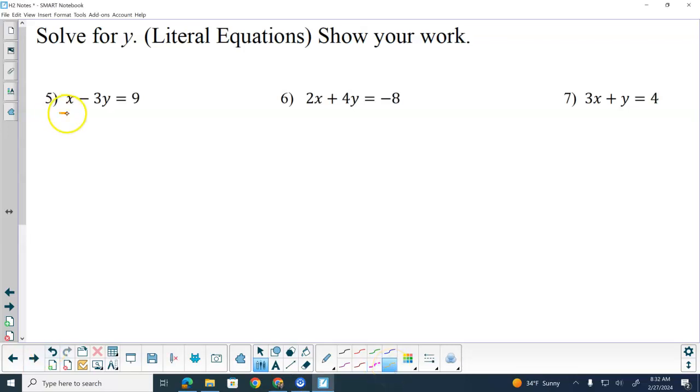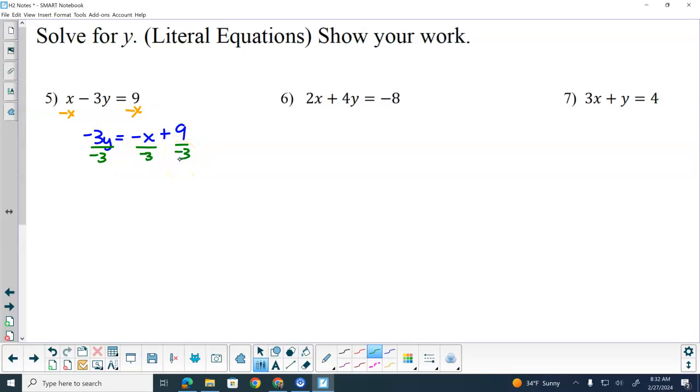So, in number 5, we should have subtracted x first. That then gave us -3y equals -x plus 9. Then you should have divided everything by -3.